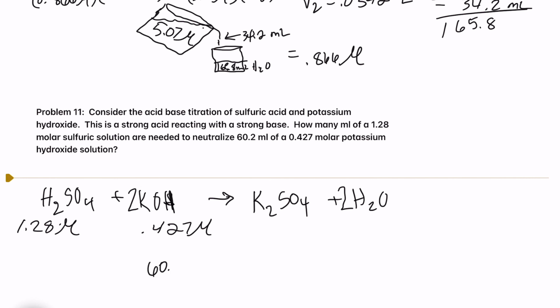So we have given molarities here, and we have a given volume. So I need to figure out how many moles I'm working with. I'm given 60.2 milliliters of our potassium hydroxide. I'm going to get that into liters since I'm given a molarity. 1 liter is 1,000 milliliters. My molarity that I'm given here is 0.427.